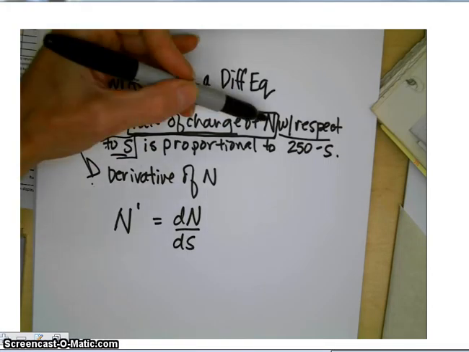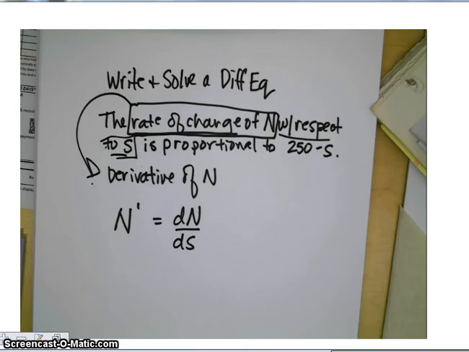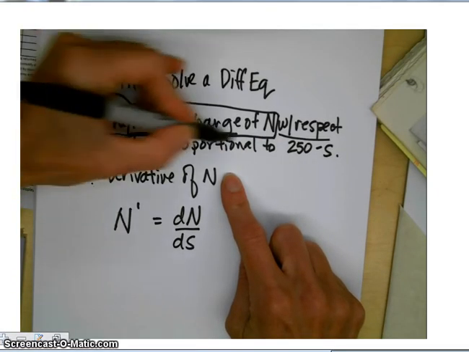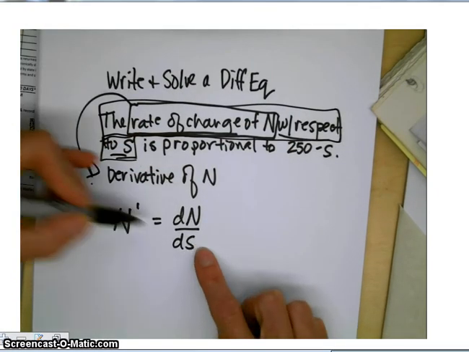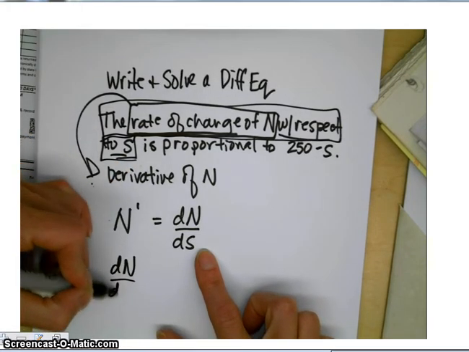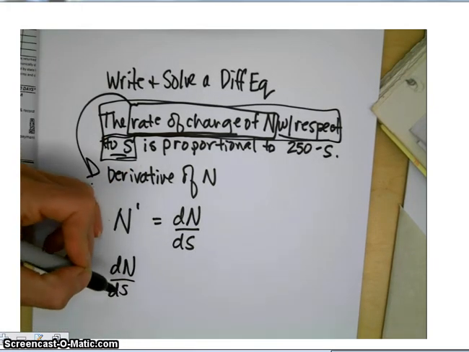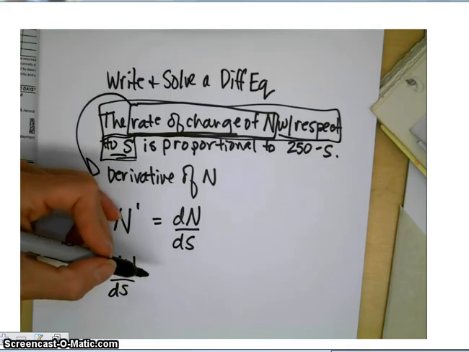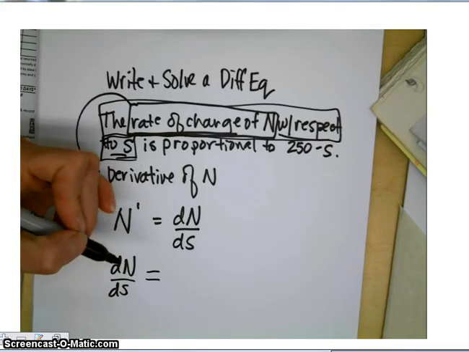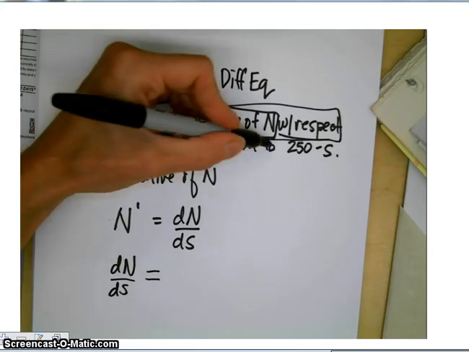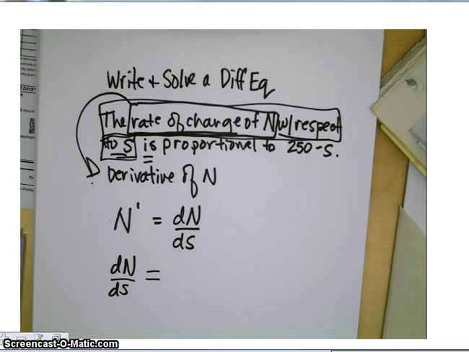That means the derivative of n is dn over ds. So this whole first part gets you dn over ds. So I know that dn over ds is, what does "is" mean? What math symbol does "is" mean? It means equals, or is proportional to 250 minus s.